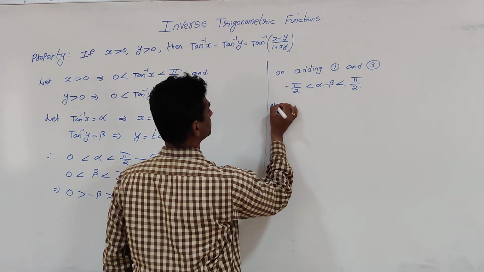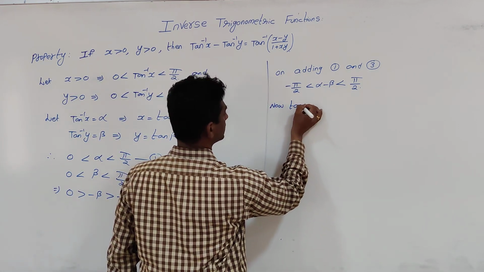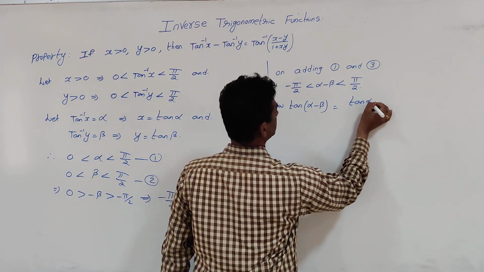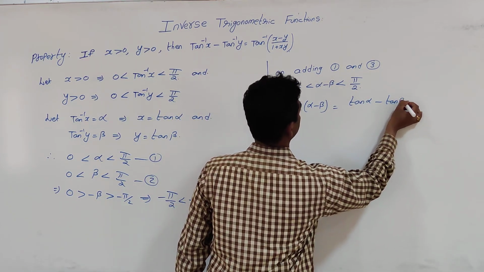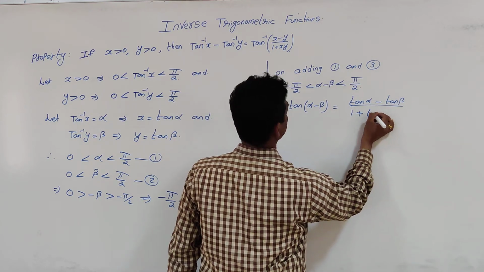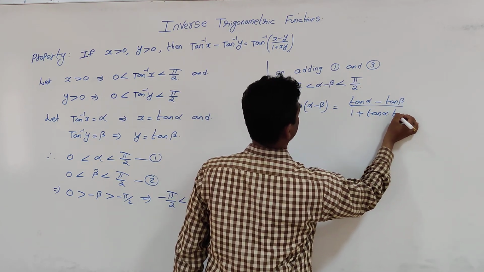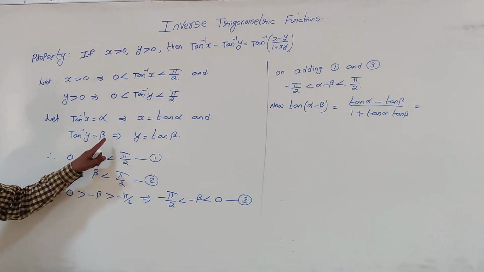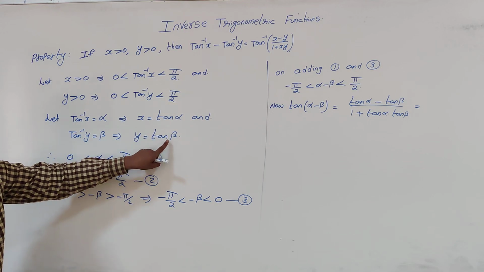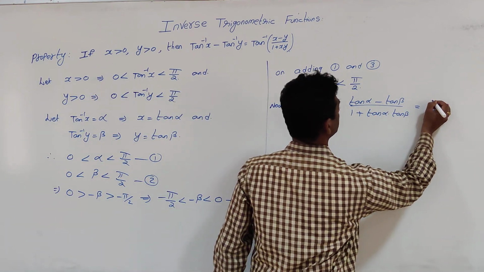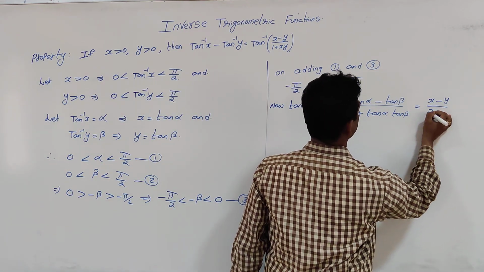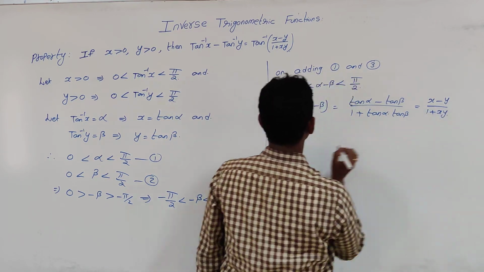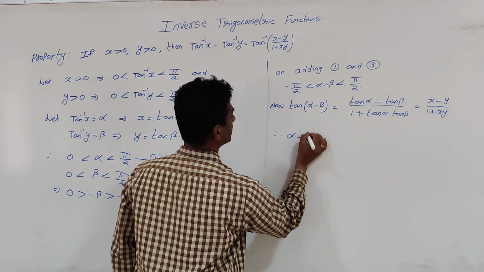Now tan of (alpha minus beta) is equal to (tan alpha minus tan beta) by (1 plus tan alpha into tan beta). But what is tan alpha? Tan alpha is x and tan beta is y. So replace them: it is (x minus y) by (1 plus x into y). So therefore, what will be alpha minus beta?